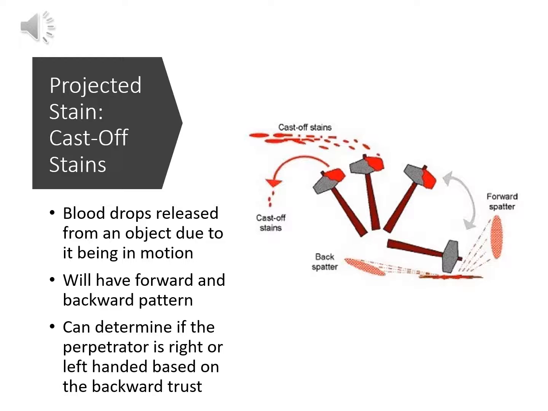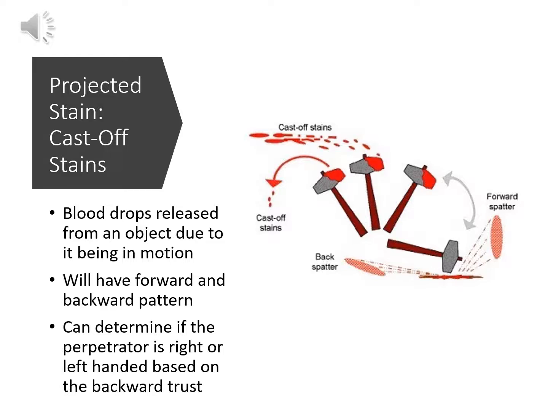Then if it's pulled out, there'll be some cast-off stains. Those are what we're considering here, more so than the forward or backward spatter. We're looking at the stains that result from just the bloodied tool being moved with enough force to cause the blood to be cast off from the object.